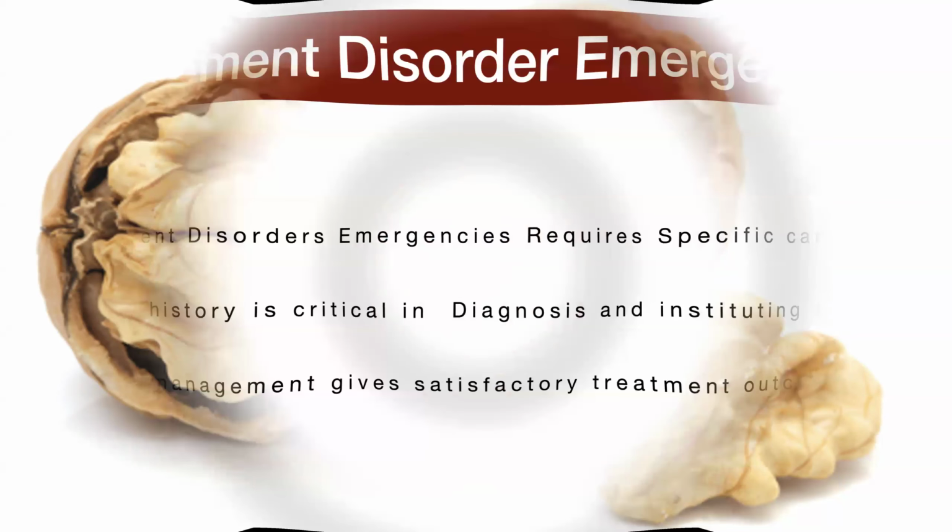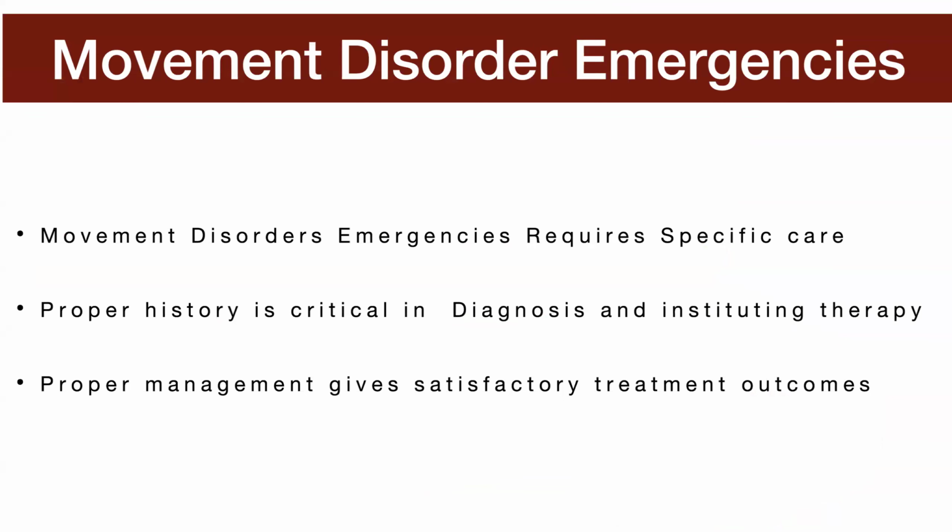So finally, to conclude, movement disorder emergencies are wide and varied. There is a significant number of underlying causes, which have to be systematically approached. A proper history of pre-existing illness and treatment history gives you, most of the time, the cue for what the issue was, and appropriate intervention leads to significant improvement.